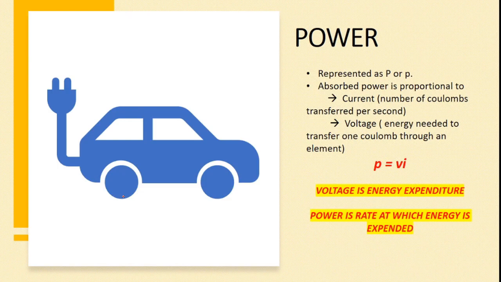I might be highly energetic, but my power might be less. Do you understand what I'm saying? So I might be a highly energetic individual, but the rate at which I spend my energy differs. I might have very high energy but run slowly, or I might have very high energy and run very fast. So the rate at which I use my energy is what we call power.